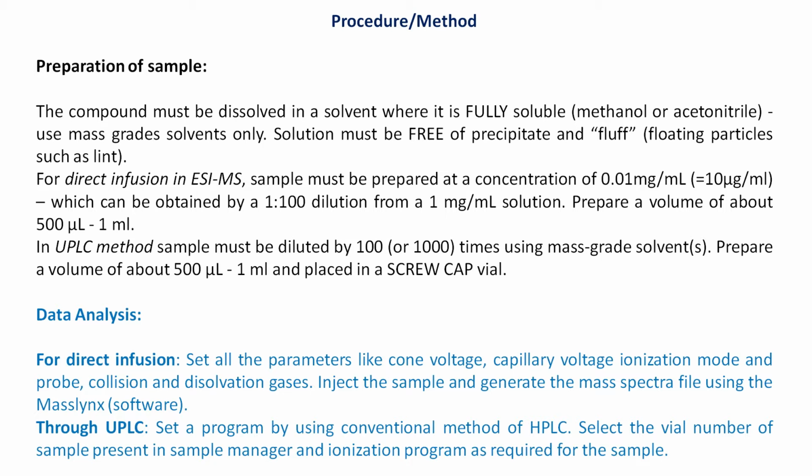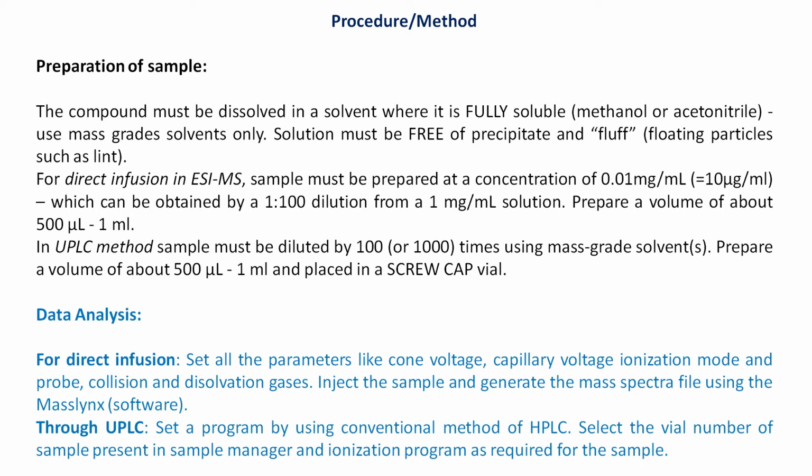For data analysis, in direct infusion, you set all the parameters like cone voltage, capillary voltage, ionization mode, probe, collision and desolvation gas, and inject your sample in the machine. And in UPLC, you set the program required for your sample, select the vial number of the sample present in the sample manager, and just run the sample.